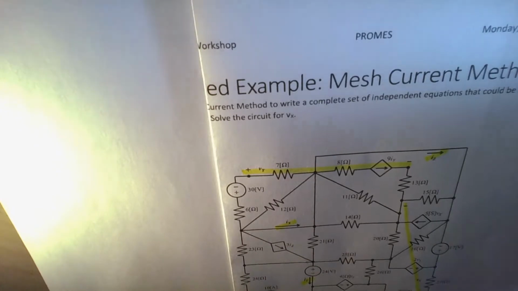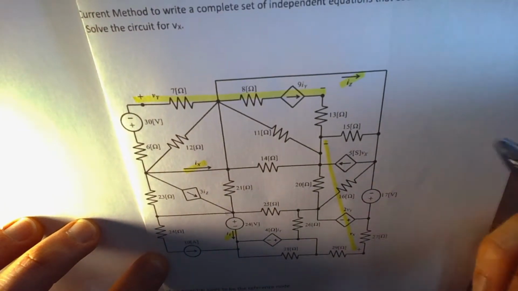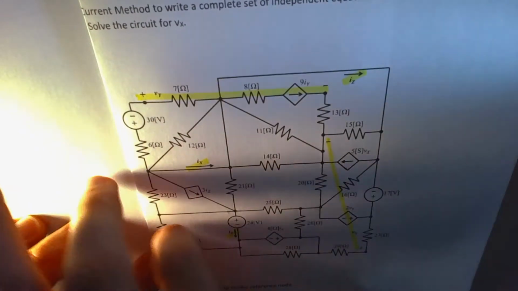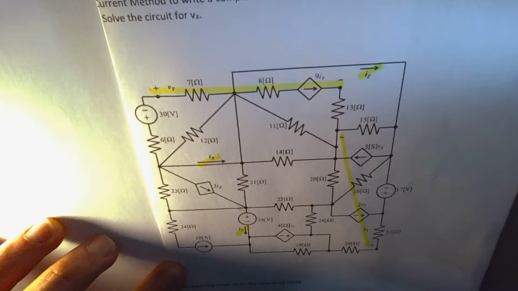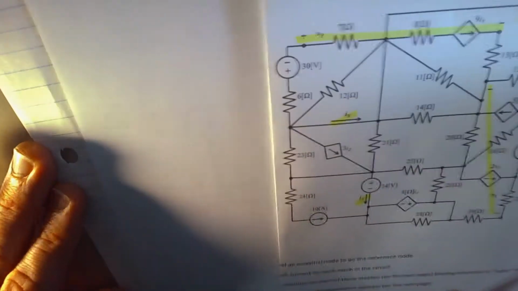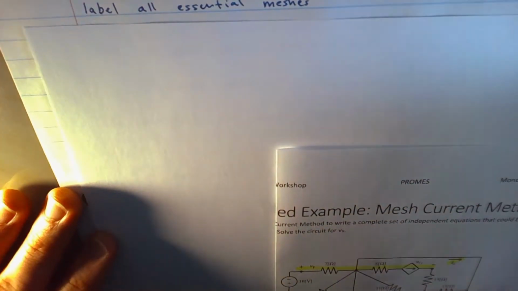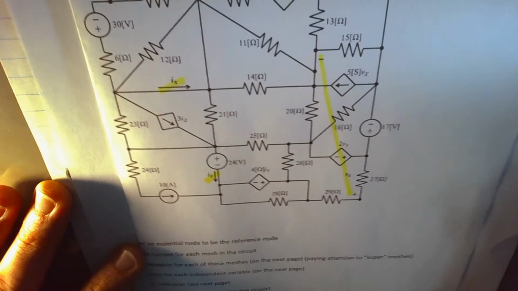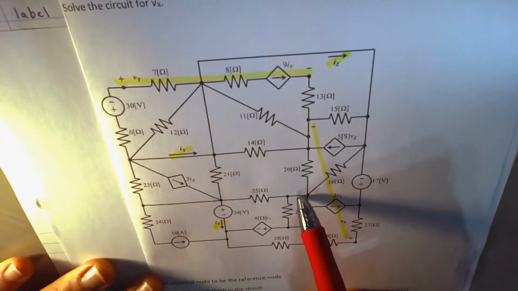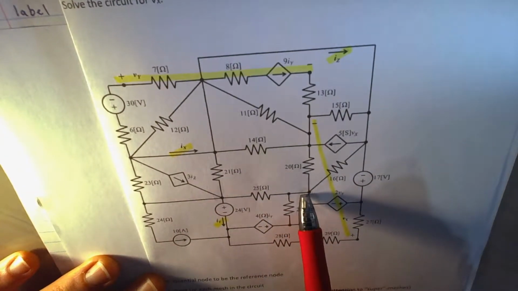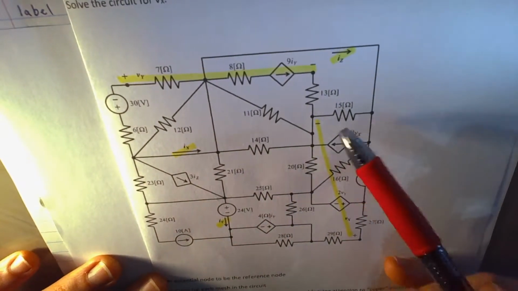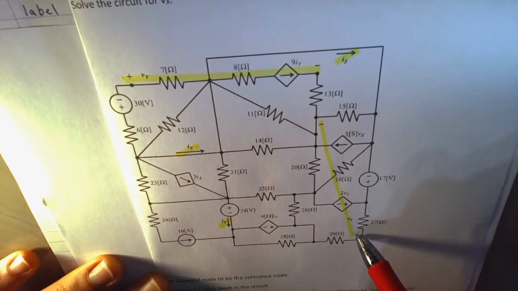Now, we're not going to talk about why this works, but the next step is to label all the essential meshes. Yeah, this is really a mess. We actually haven't talked about what meshes are just yet, but a mesh is any path on which you can write a KVL equation, excluding the paths where we have to go across these independent variables.